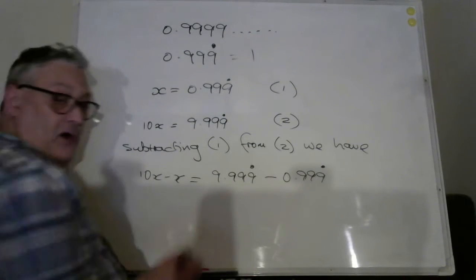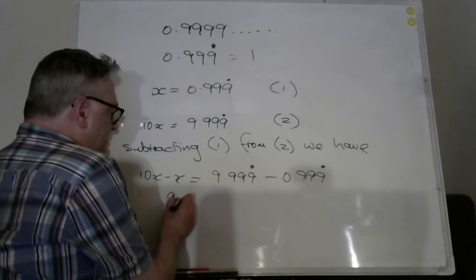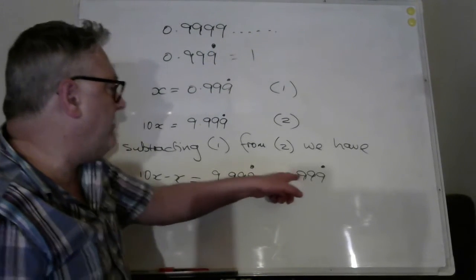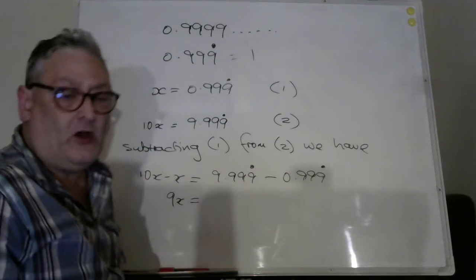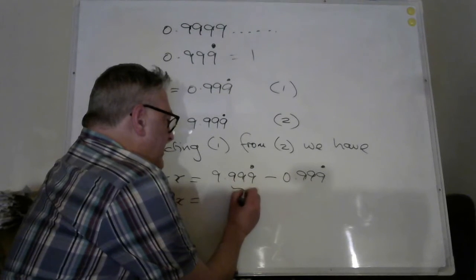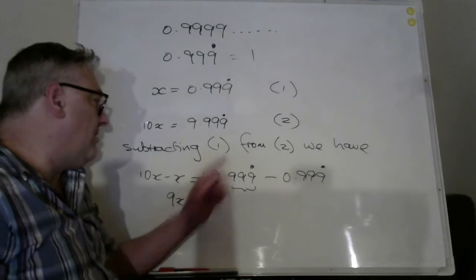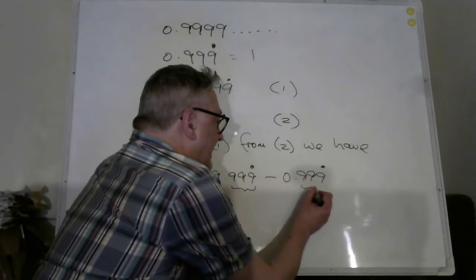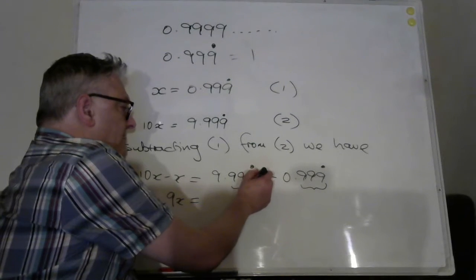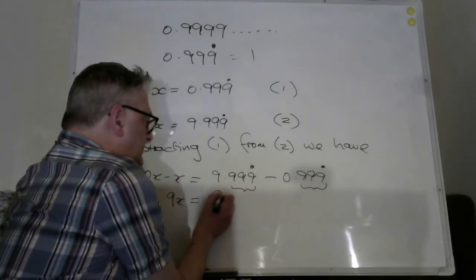So 10x minus x is 9x. And what's 9.999 recurring minus 0.999 recurring? Well, we're assuming that there are an equal and infinite number of 9s after the decimal point in both cases. So 9.999 recurring minus 0.999 recurring is just 9.